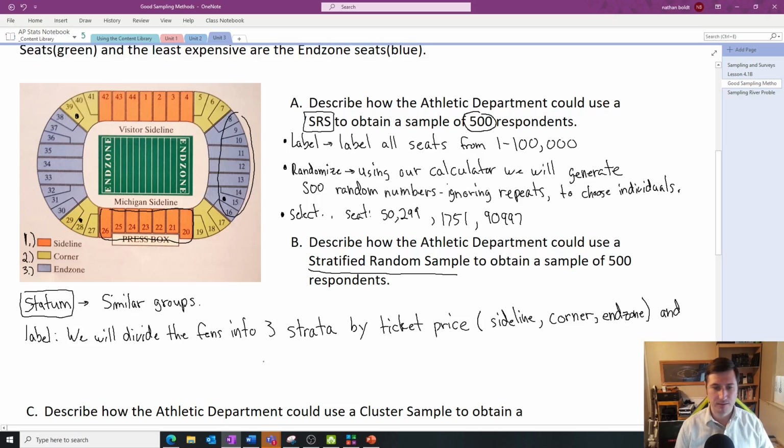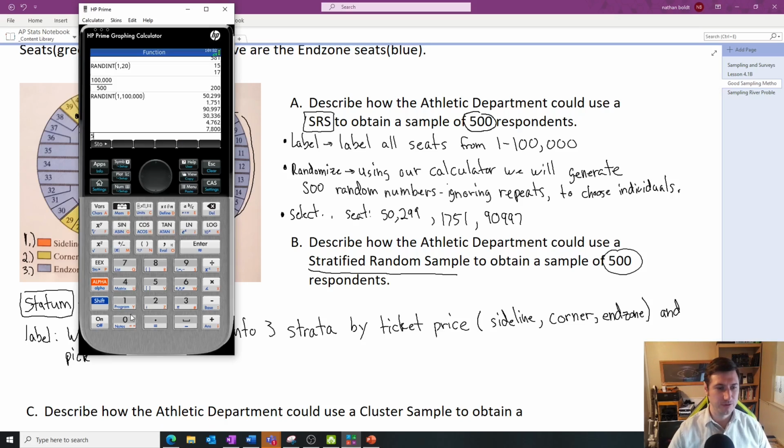And pick. If we want 500 respondents, we have to divide those 500 respondents evenly between the sideline, corner, and end zone. Oh, that's not going to work very great, is it? 500 does not divide by 3, so we'll just get close. 500 divided by 3 is 166.66667. We can't cut anybody into thirds. Don't try it.